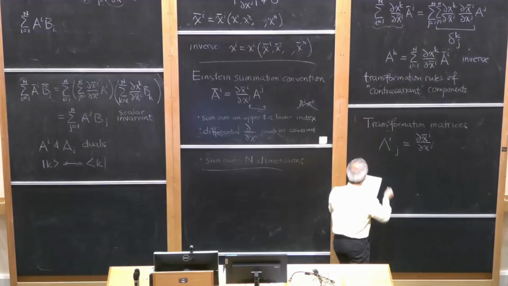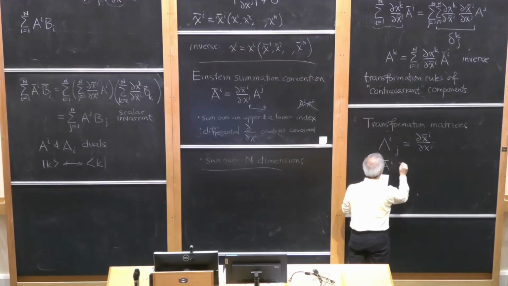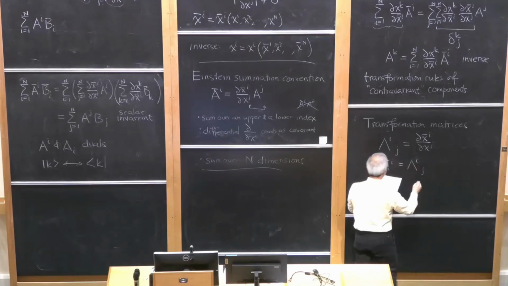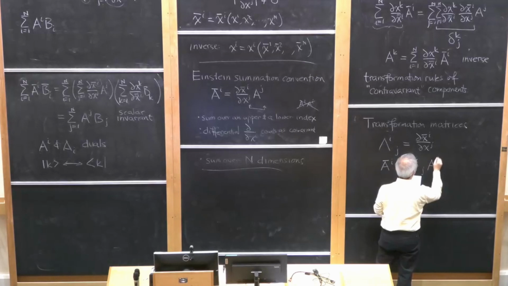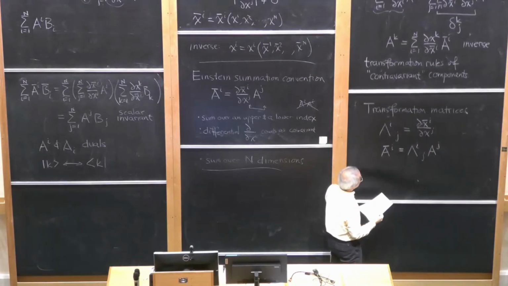And so that enables you to write the transformation rule: A bar^i equals lambda^i_j A^j. So it looks a tiny bit simpler.